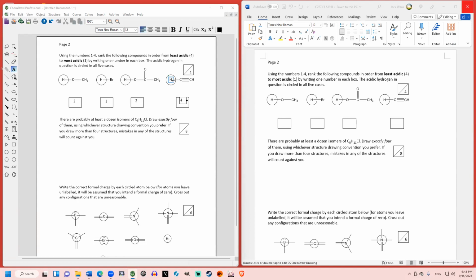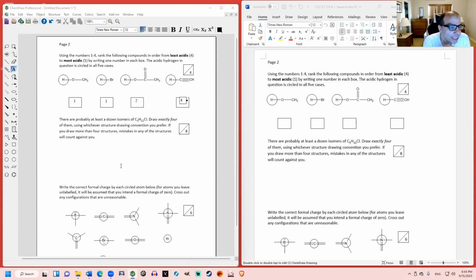Terminal alkyne, internal alkyne. I'm mostly concerned that you guys know what an alkyne is at this point. We'll get to terminal alkynes in chapter, golly. Well, actually, I lied. It's not an organic 2 term. We'll get to them in chapter 9. So we'll see them this semester.